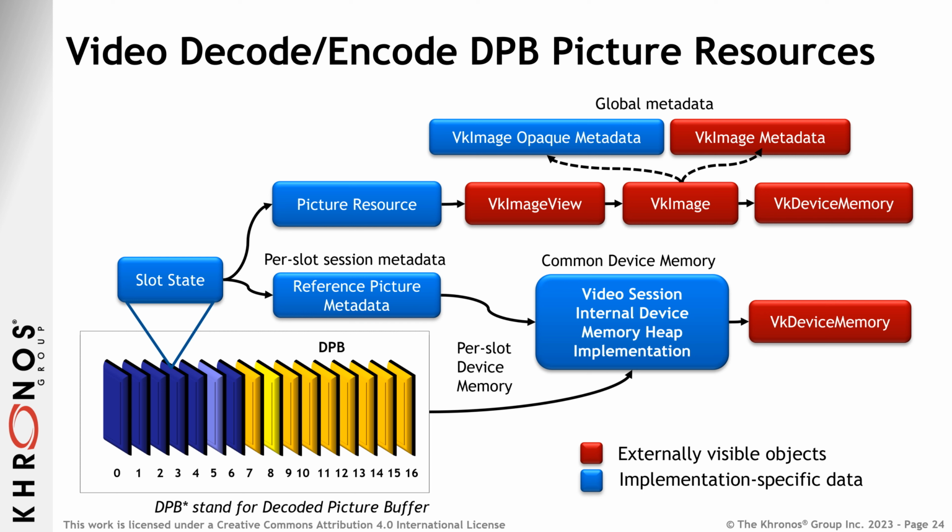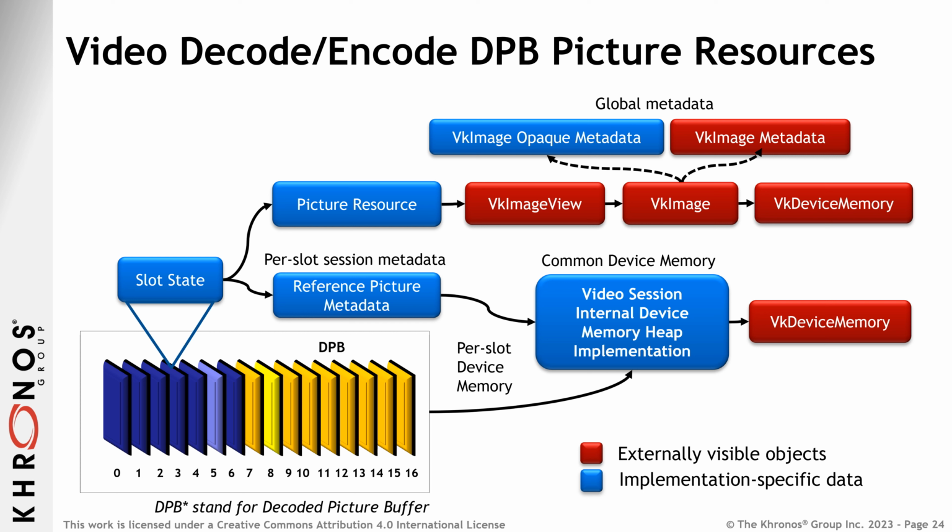Internally, in the video session object, the implementation may have a DPB slot state associated with the references. This state will also likely contain some codec-specific information. This state can also have an internal weak reference to the image associated with the slot.